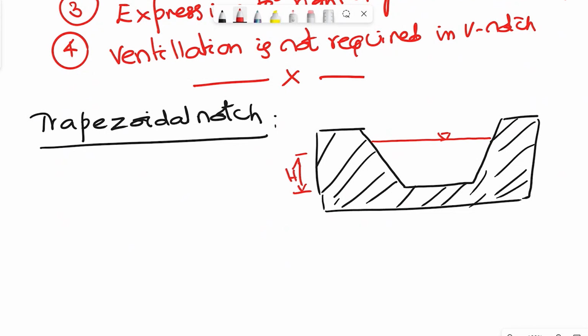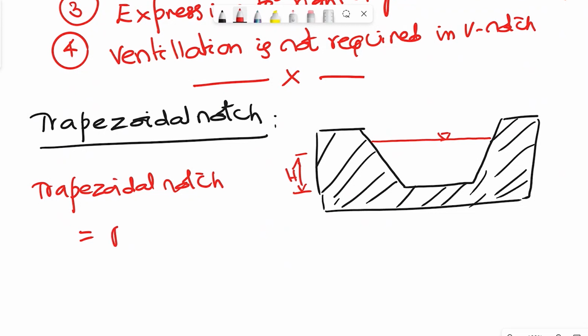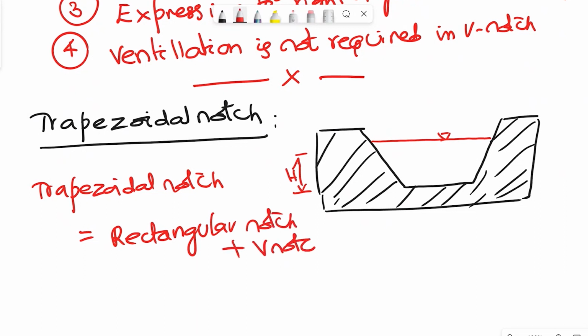A trapezoidal notch is nothing but a combination of a rectangular notch plus a V notch. Now if you see it, for example, this portion is rectangular, and this plus this is the V notch.